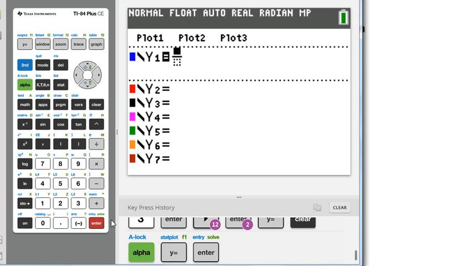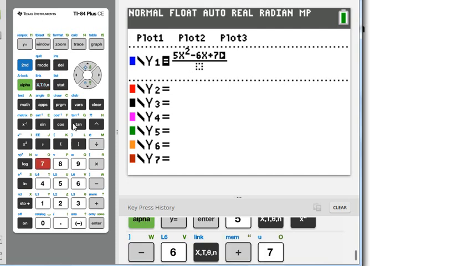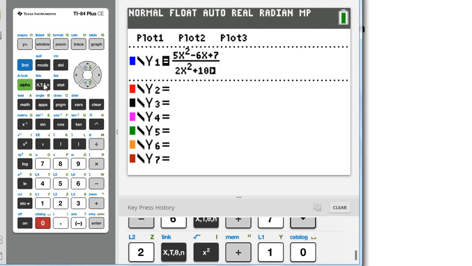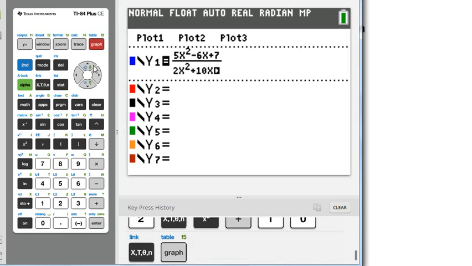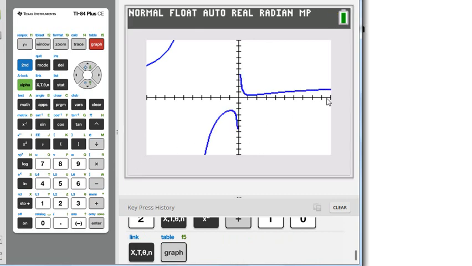Five x squared minus 6x plus 7, and then we have in the denominator 2x squared plus 10x, and so if we graph this function, it's really hard to see what we have.